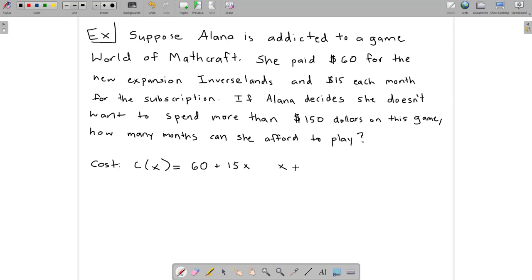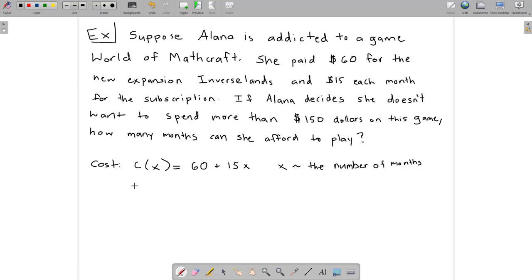So here, x is going to be the number of months that I play for. So that's going to model the amount that I'm paying to play this game, right? And then if we take the inverse of this function, I will get a function that gives me the number of months that I can play for.